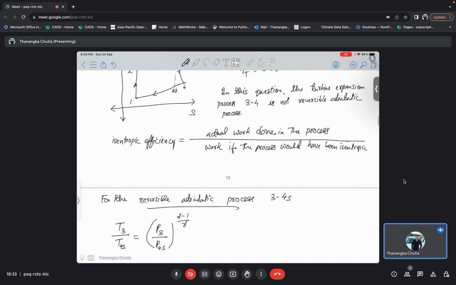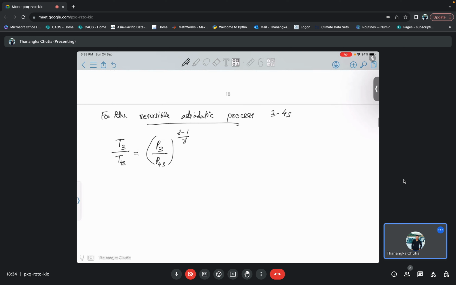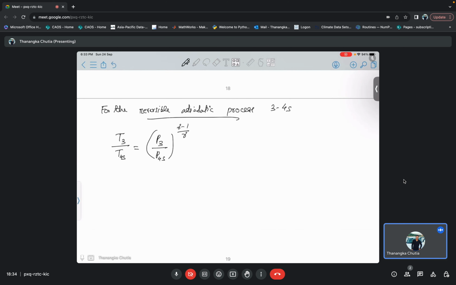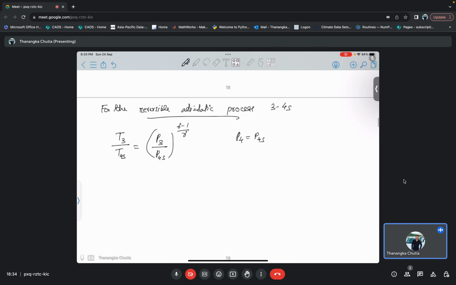Now 4s and 4 are on the same constant pressure line, that means P4 is equal to P4s. So T4s is equal to T3 divided by P3 by P4 to the power gamma minus 1 divided by gamma.